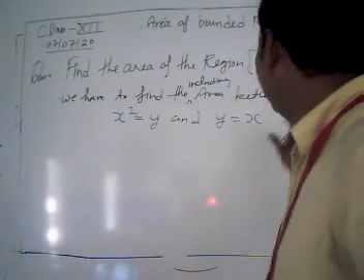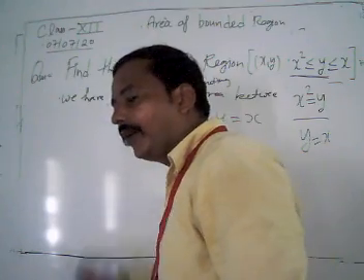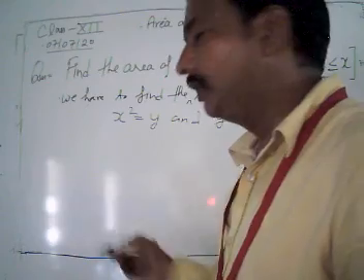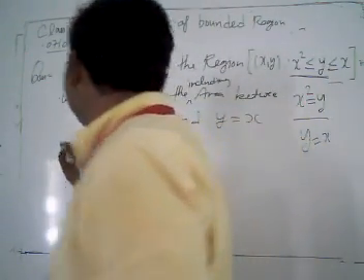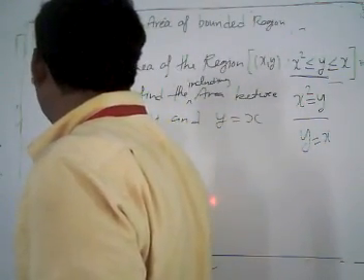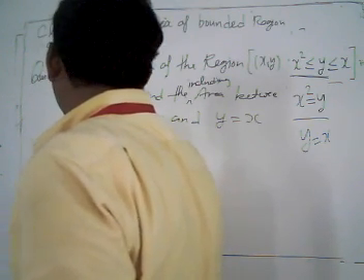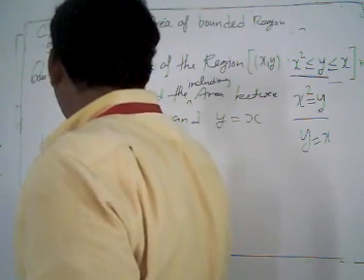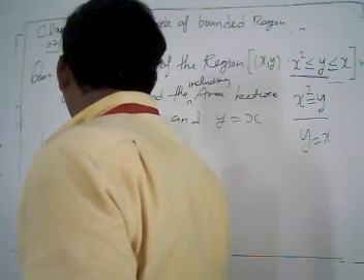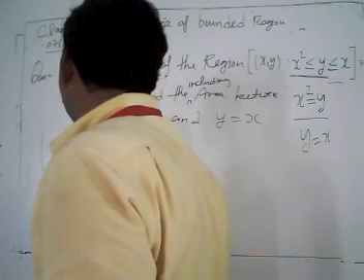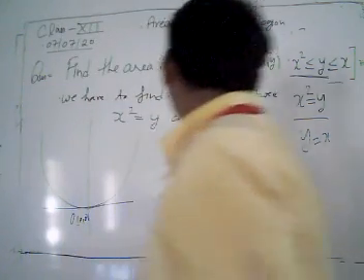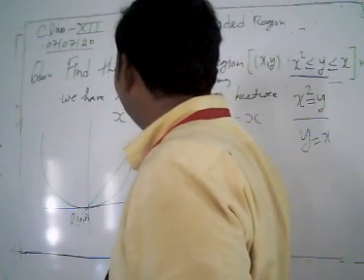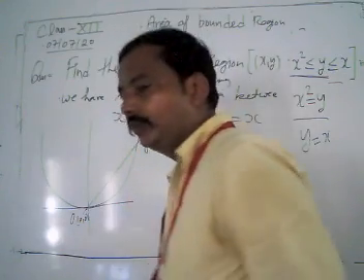X square equal to y means again we have an open upward parabola, symmetric about the y axis. First of all draw a parabola having vertex 0, 0, and the line y equal to x. This is our line y equal to x.